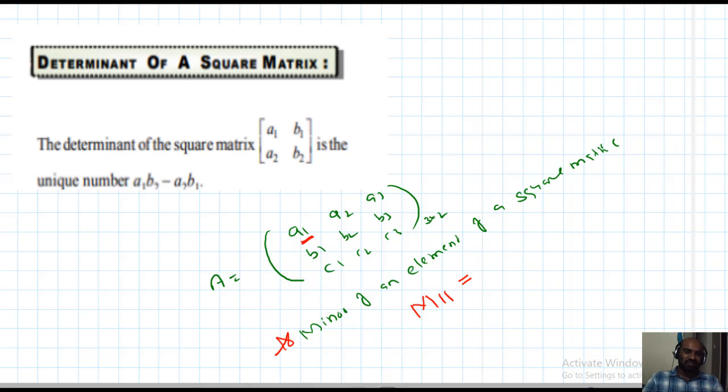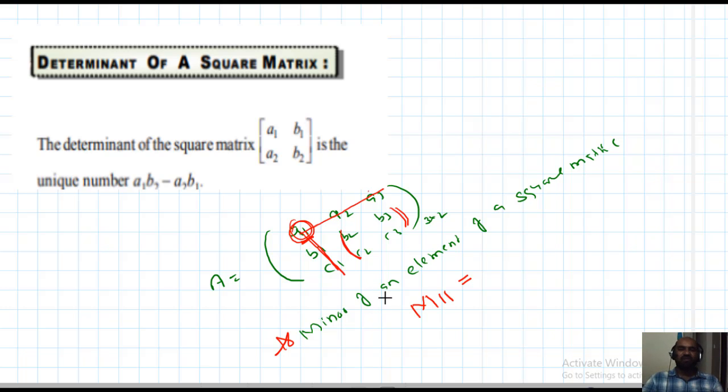is defined as: that row and that column should be neglected. If the row and column containing a1 are neglected, we get a small matrix with 2 rows and 2 columns. The determinant of this 2 by 2 matrix is taken as the minor of this element.